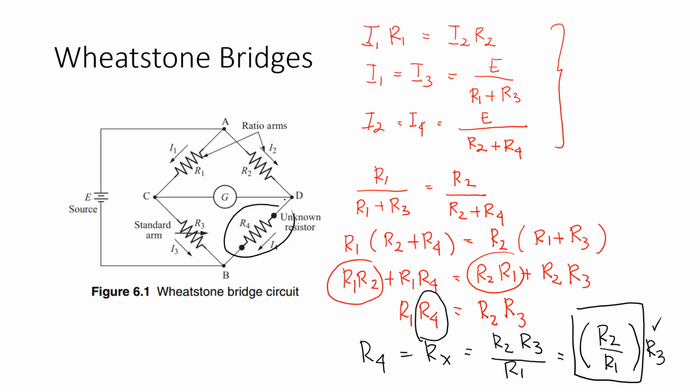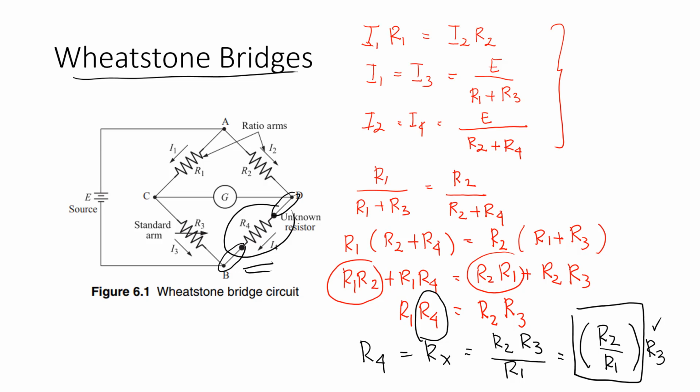But if we use the Wheatstone bridge, we have many limitations. For example, if the value of the unknown resistor R4 is very small, the connections will affect the measurements.